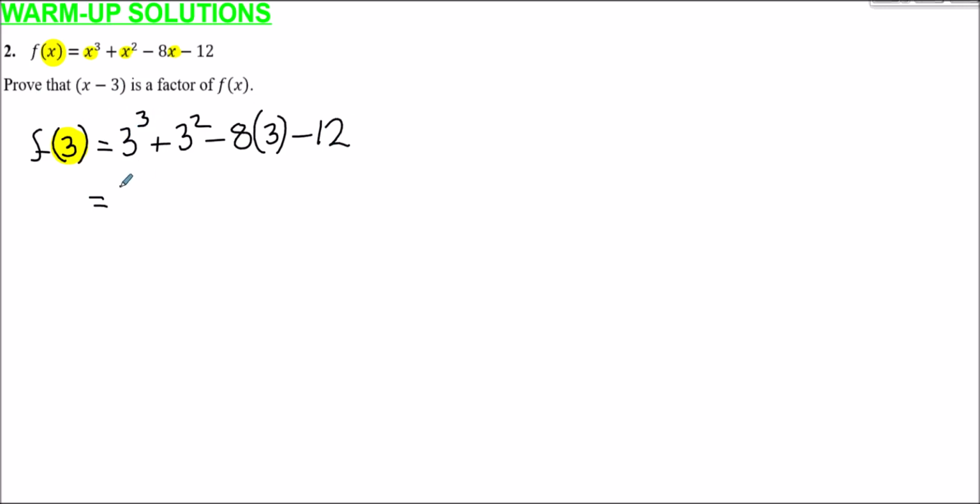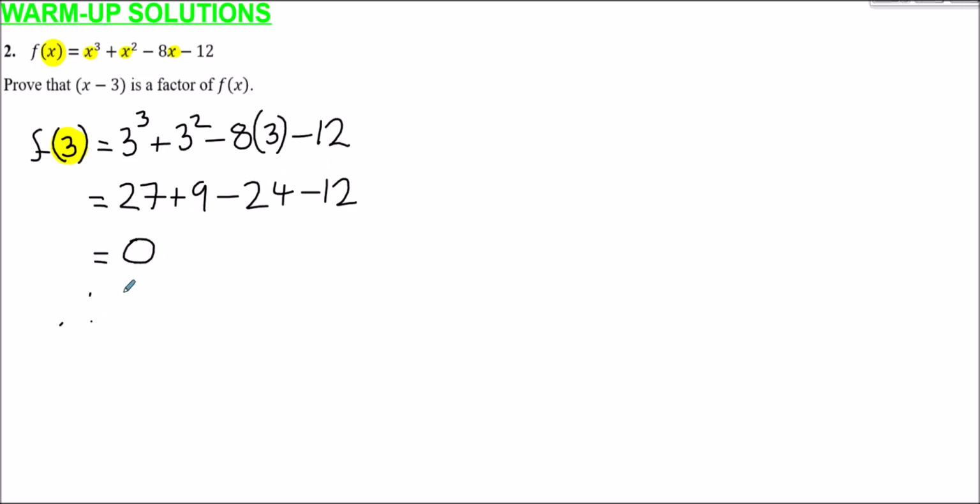So 3 cubed is 27, 3 squared is 9, 8 times 3 is 24, and obviously minus 12. Now that will come to 0. This is 36. Take away 24, take away 12 is 36. Take away 36, which is 0.